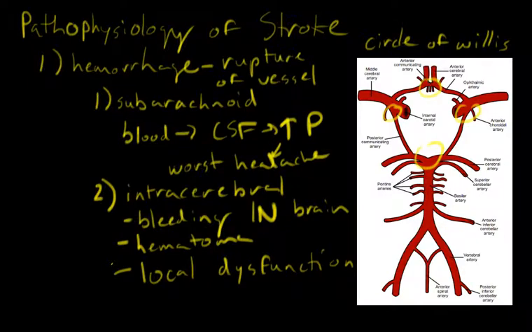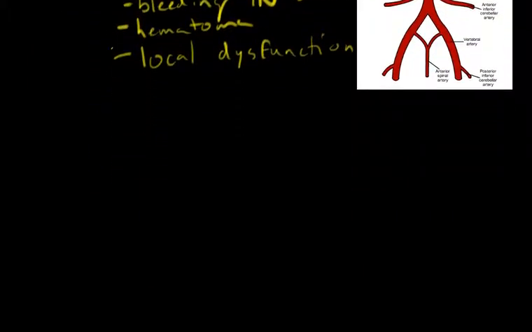And so next we're going to look at ischemia, which is the other main type of stroke. So ischemic stroke. There are actually three main types. One is thrombotic stroke.